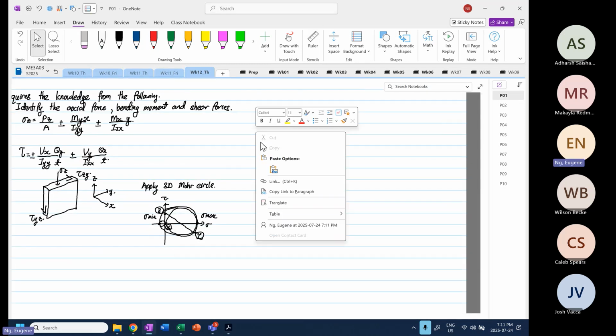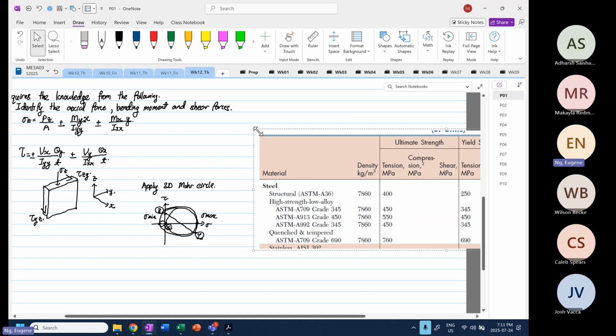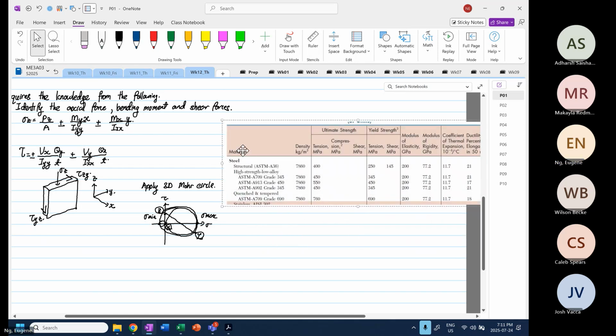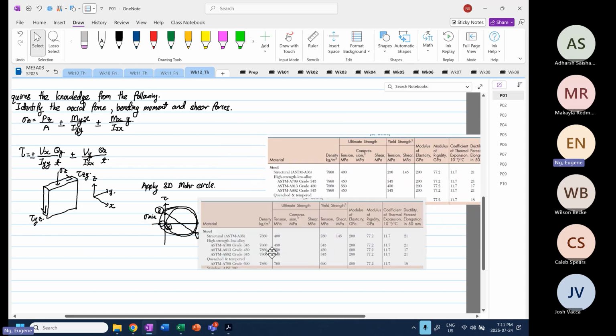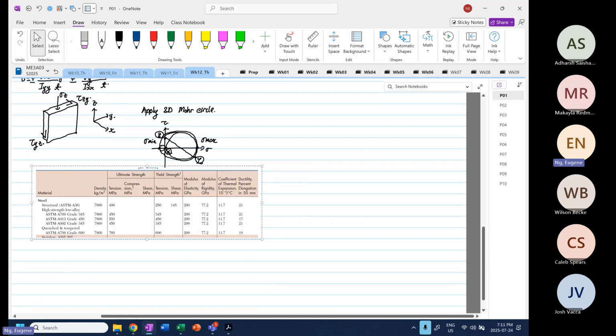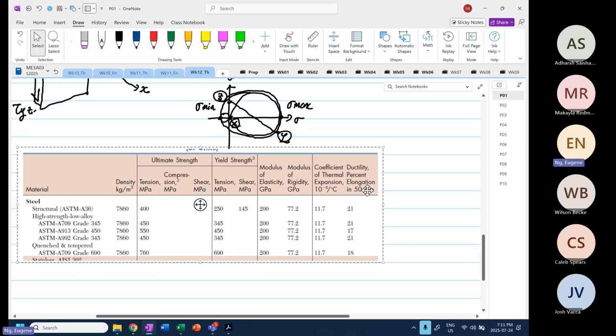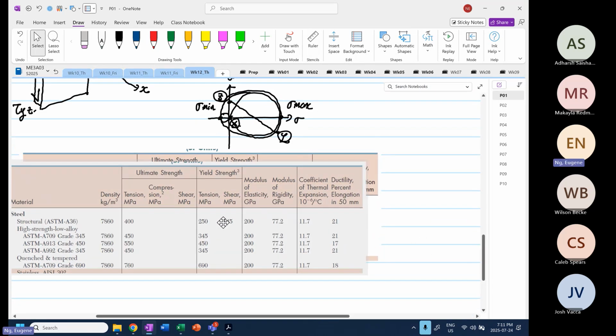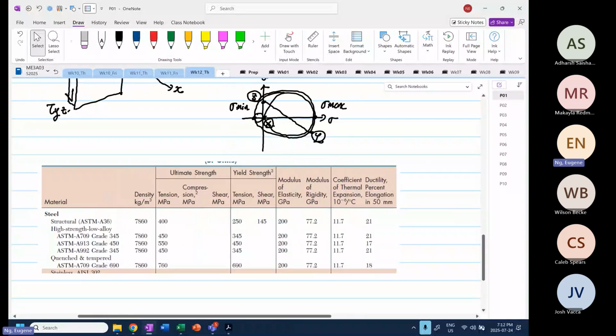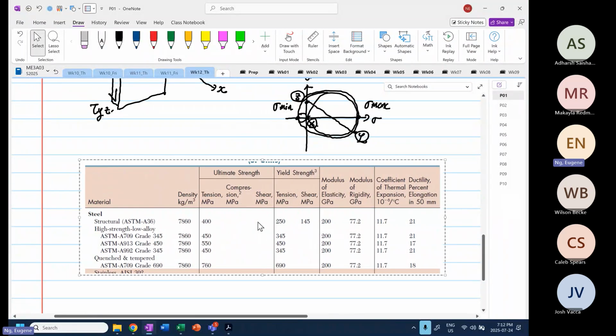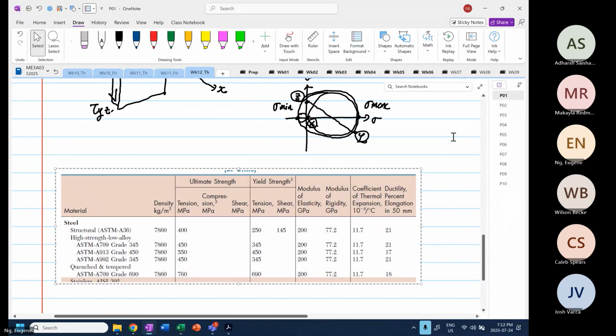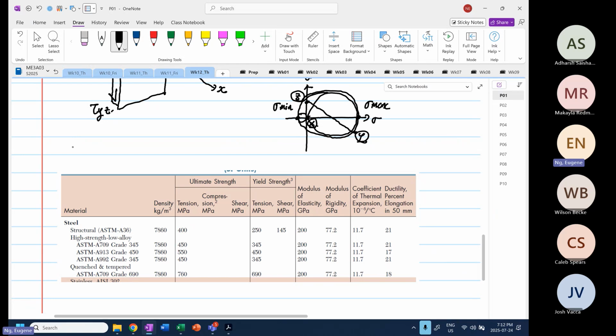Then we are given a table, or we go through a table like this. Okay, so what you see over here is from a material handbook, right? So this is from a material handbook.